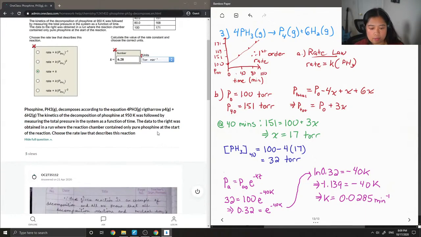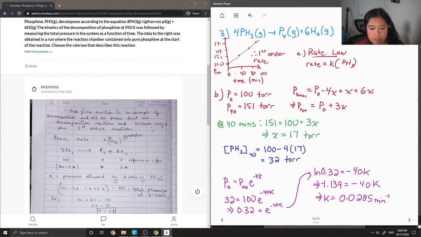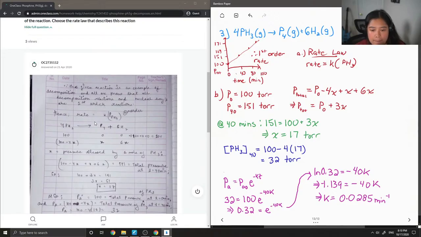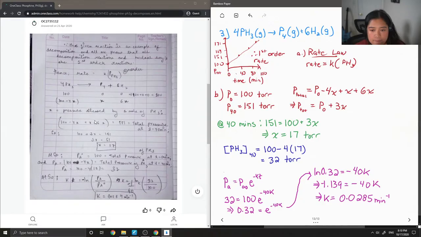Let's see the answer that the junior tutor said. So the given reaction is an example of decomposition, and we prove that all decomposition reactions and nuclear decays are first order reactions, so that part is right. And then they do the same kind of unknown pressure thing that I did as well.